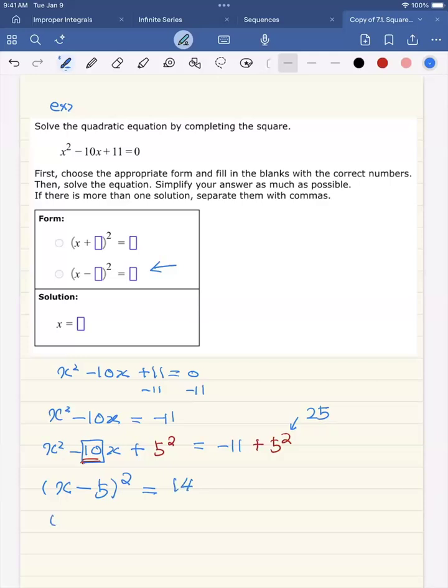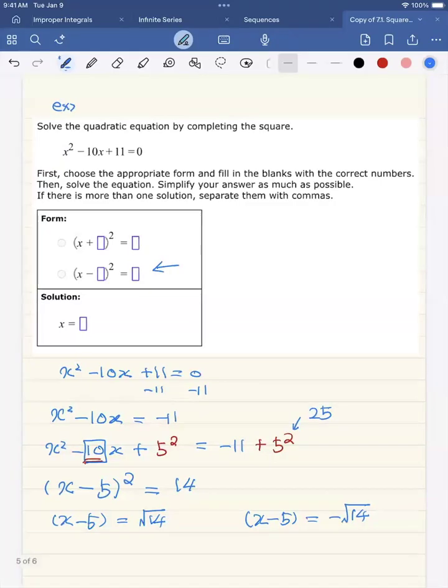So we have x minus 5 equals square root of 14, or x minus 5 equals minus square root of 14. Indeed, we don't have to write the parentheses here. So what we have to do to solve for x will be adding 5 on both sides. So we have x equals 5 plus square root of 14, or x equals 5 minus square root of 14.